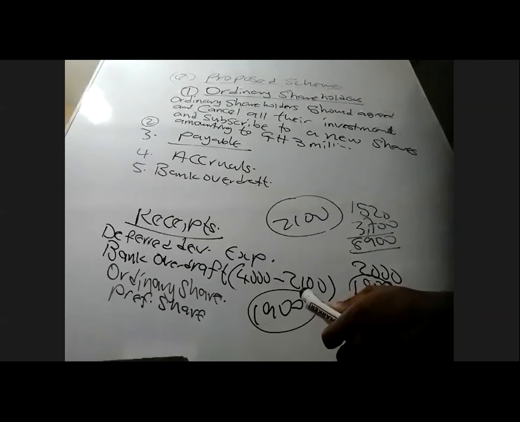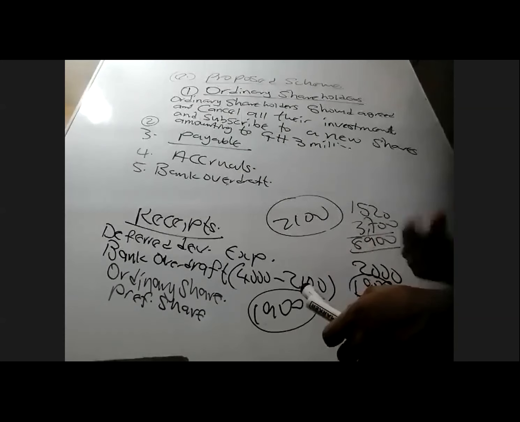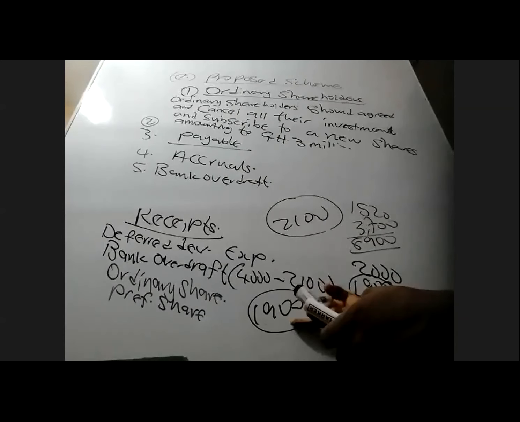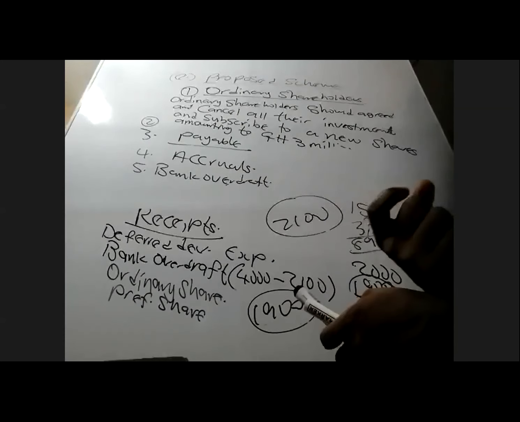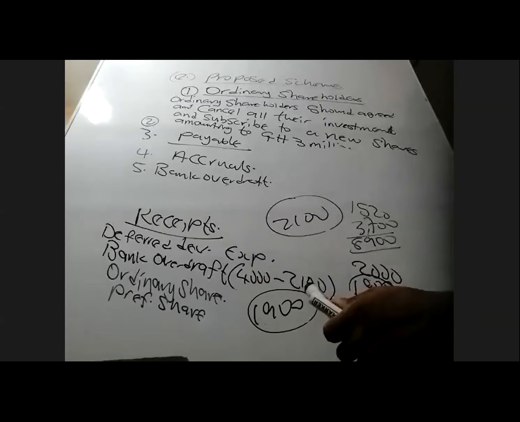But if we say that they should go in for an additional overdraft of 1,900, then it will increase the current liability to 4,000. Meanwhile, we didn't state 4,000, so we will query you there.